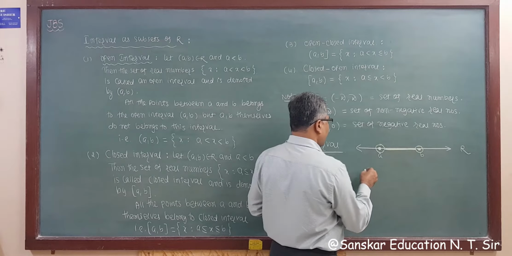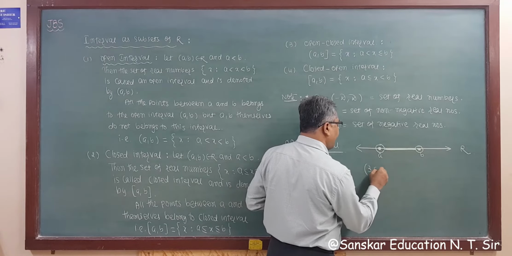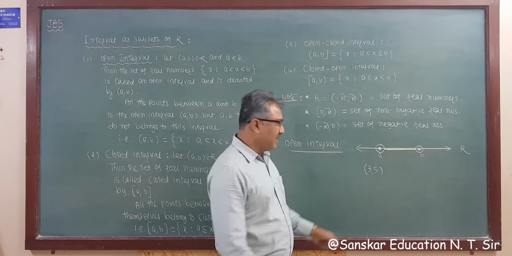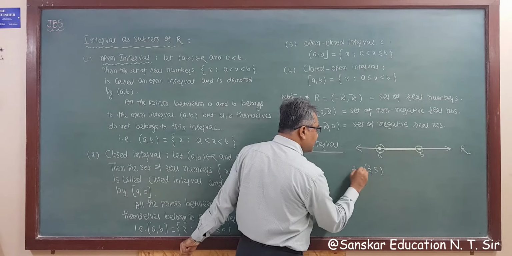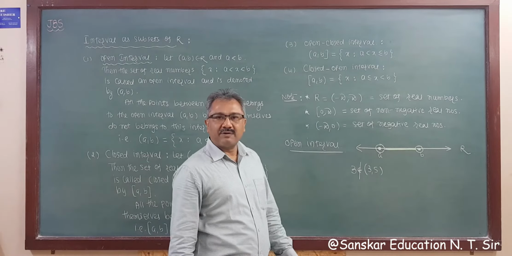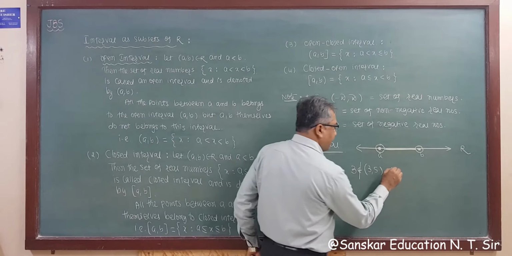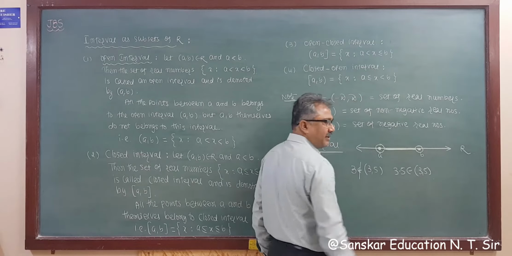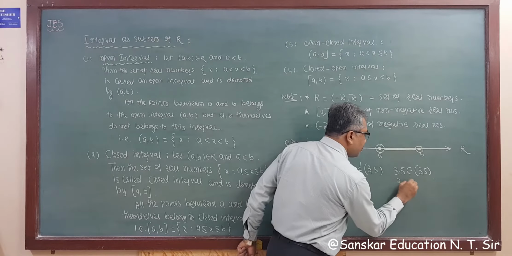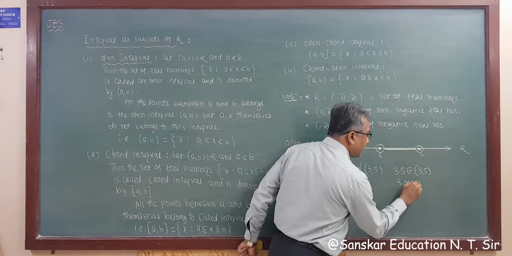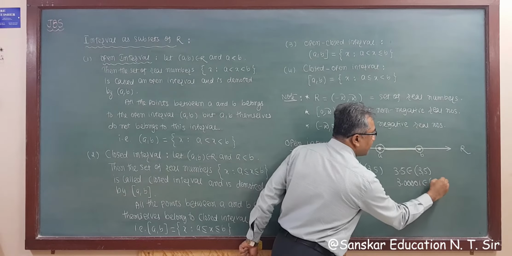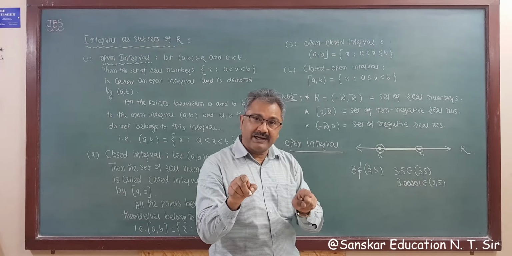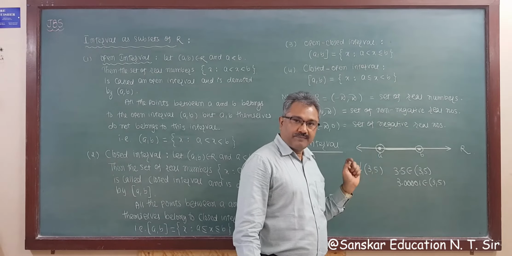Suppose I am writing the open interval (3, 5). Right? In (3, 5), the point 3 does not belong to the open interval (3, 5), but 3.5 belongs to it. Even 3.0000001 is also included in (3, 5), but these end points are not included in the open interval, right?